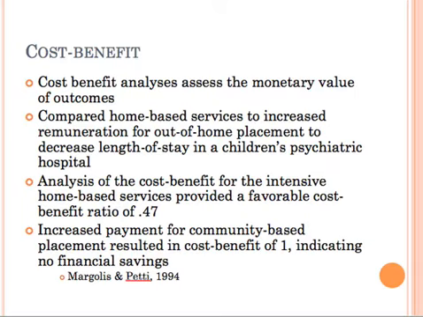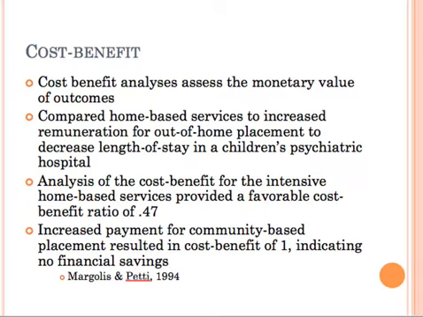They compared home-based services to increased remuneration or payment for out-of-home placement to potentially decrease the length of stay in a children's psychiatric hospital. So they compared services provided in a child's home to increased payment for out-of-home placement, and the ultimate goal was to decrease the length of stay in a children's psychiatric hospital.